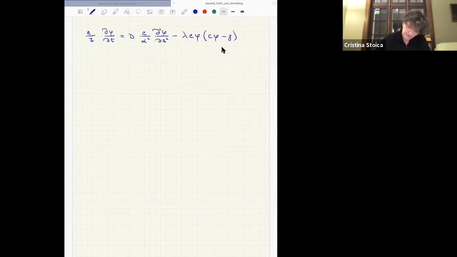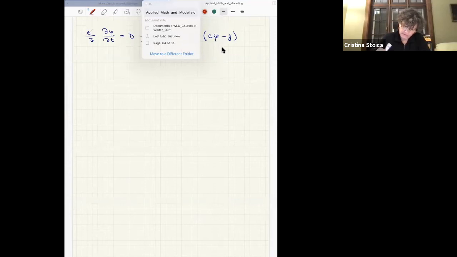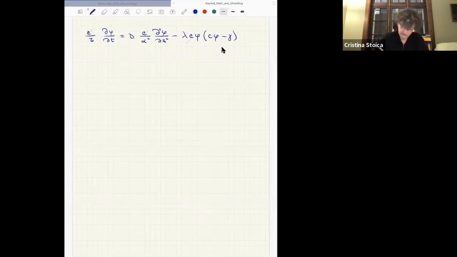Now we are getting rid of c, which is non-zero. All these things in modeling are non-zero, so you cannot scale by zero.